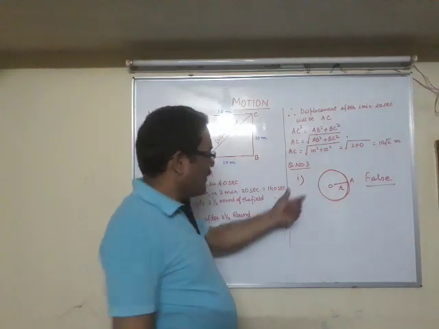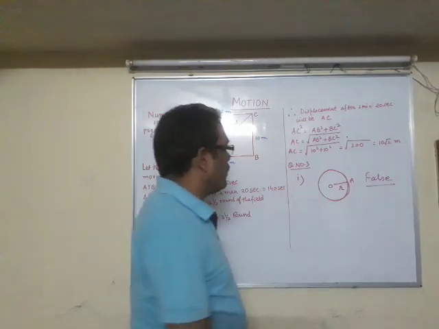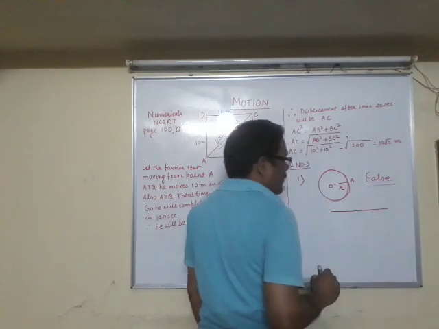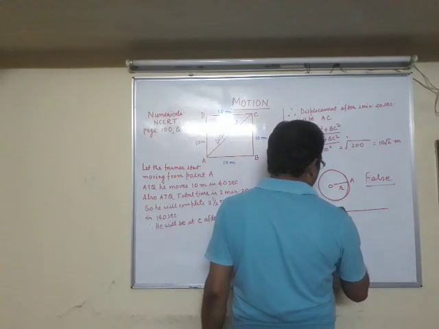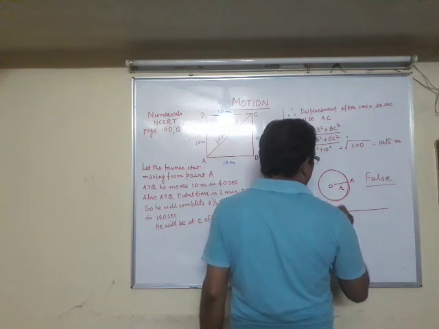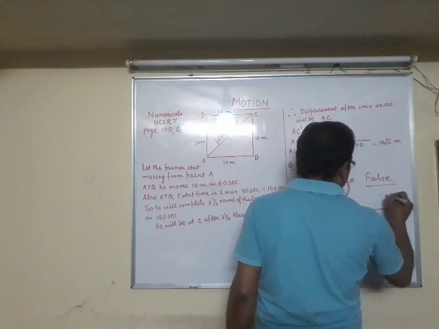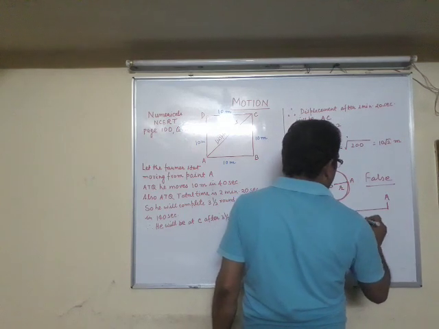You can give this example to prove it, or you can take the earlier example of a body moving in a straight line path. It starts moving from point O and reaches point A, say 60 km.